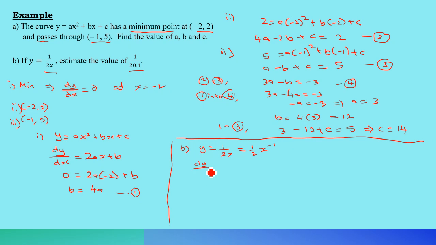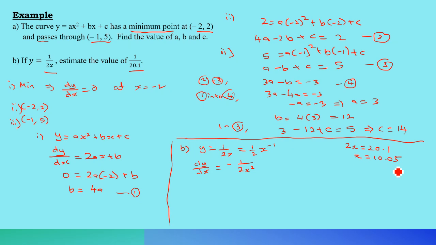When you differentiate this, what you will get is negative 1 over 2x squared. So you want to find what is your delta y. But before you find your delta y, look at the point here and this. You need to find the link between this. 2x here is 20.1. So 2x is 20.1. What will be x?